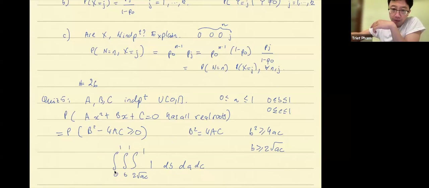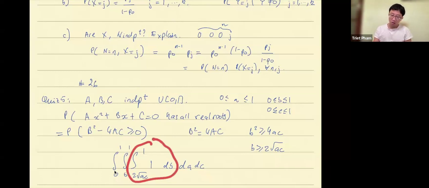Is this the right answer? Or the right limits? Well, the answer is no. It's not the right limits yet. The reason is, the B is correct. But the A and C are not.